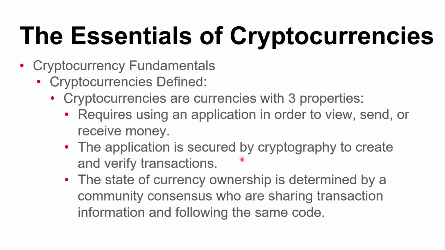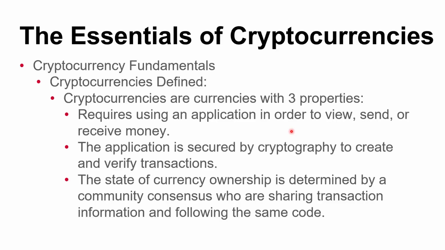So cryptocurrencies, defined, have three properties. We can all see here that it requires using an application in order to view, send, or receive money, so you need some type of application. Because these are digital, the application is secured by cryptography, and you have to be able to create and verify the transactions.